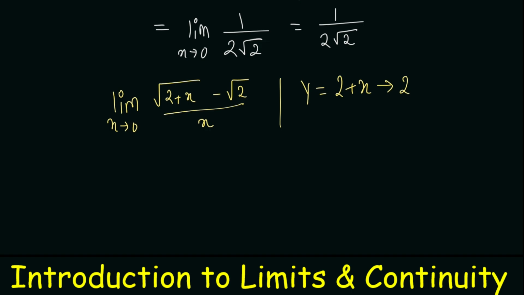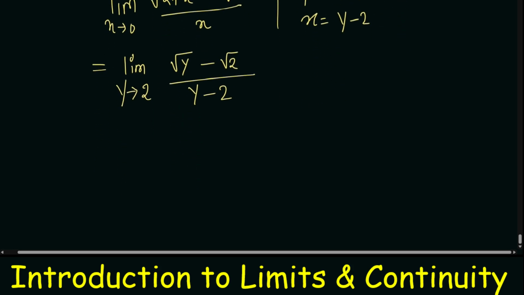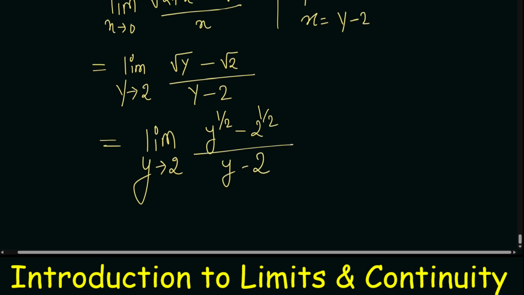So this limit now turns into limit y tends to 2, and now root over 2 plus x simply becomes root y. This becomes root 2, and x from this equation would become y minus 2. Now if you write this again, limit y tends to 2, y to the power half minus 2 to the power half divided by y minus 2.